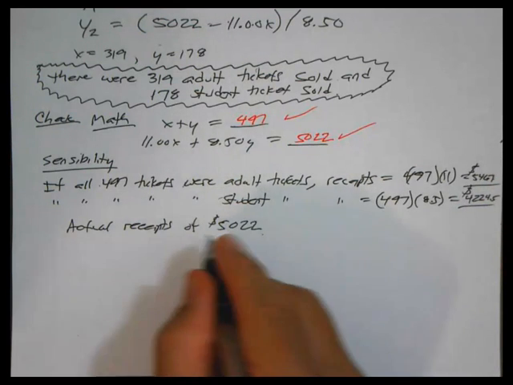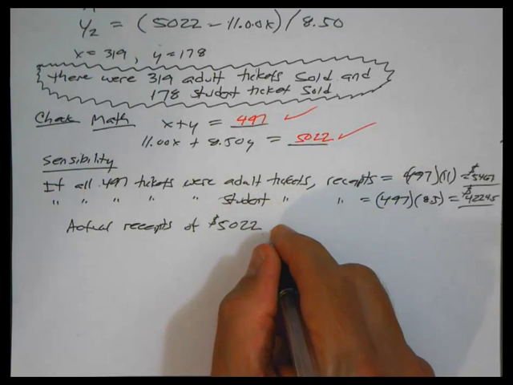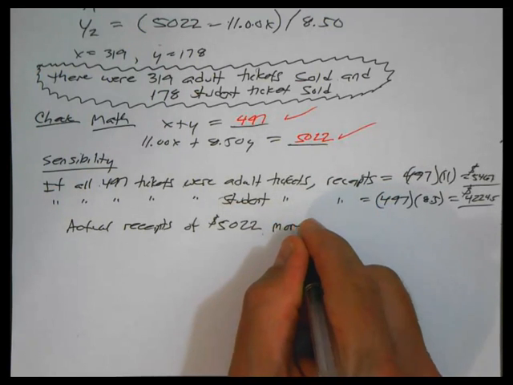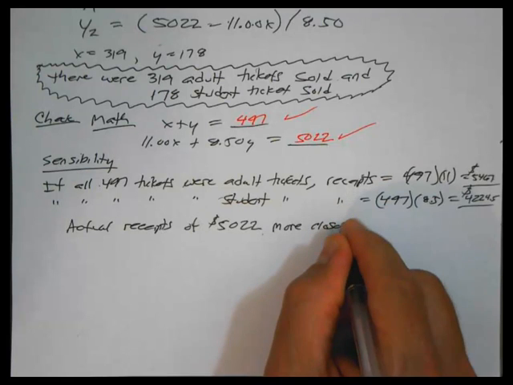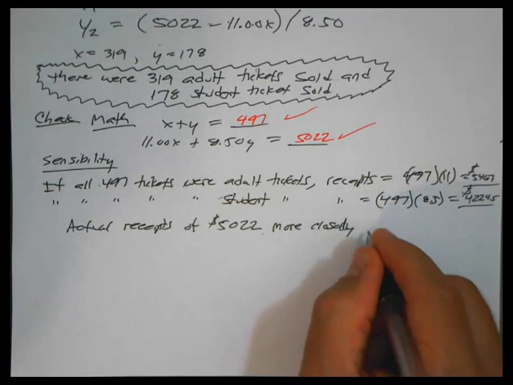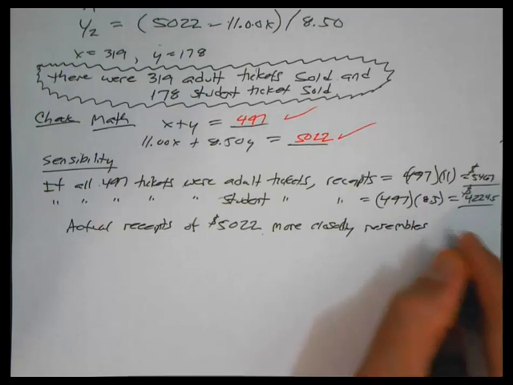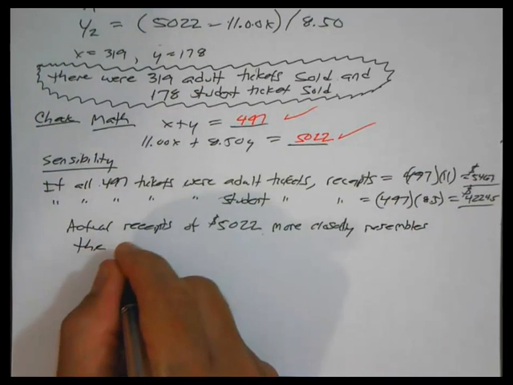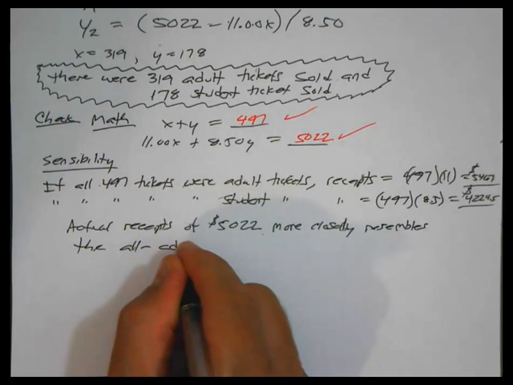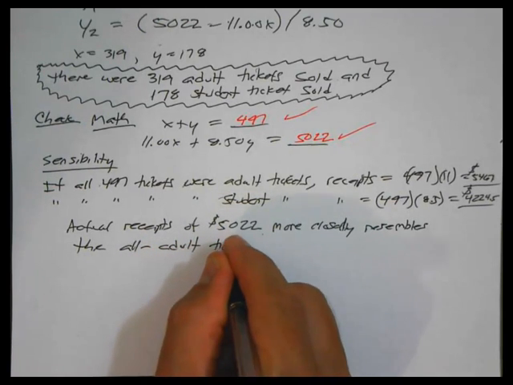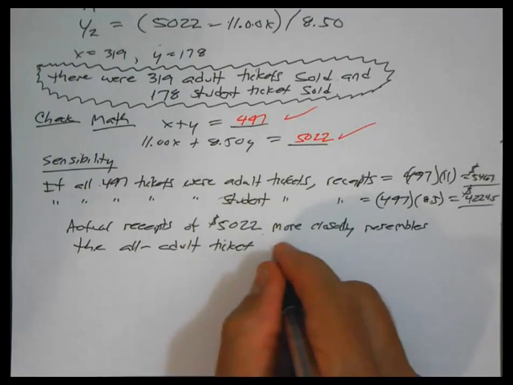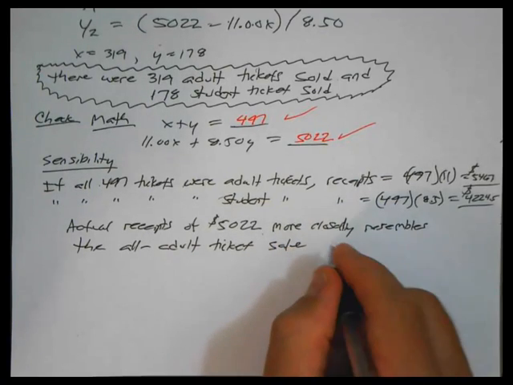So the actual receipts of 5,022 more closely resembles the all adult ticket sale scenario.